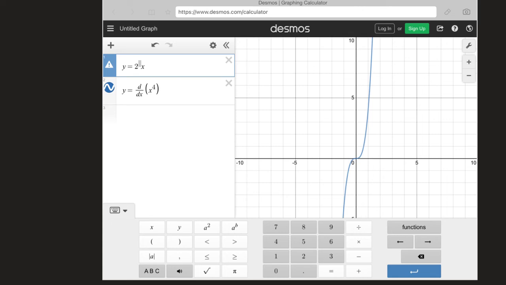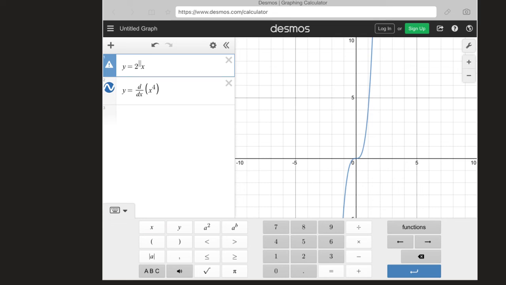Two important concepts. Number one, it looks like the slope function of an exponential is also an exponential. That's interesting. I got the same type of function. Last time with my polynomial functions, I was getting different functions. This one, I got the same type of function. Second, what's really important is I noticed that my slope function is on the other side this time.